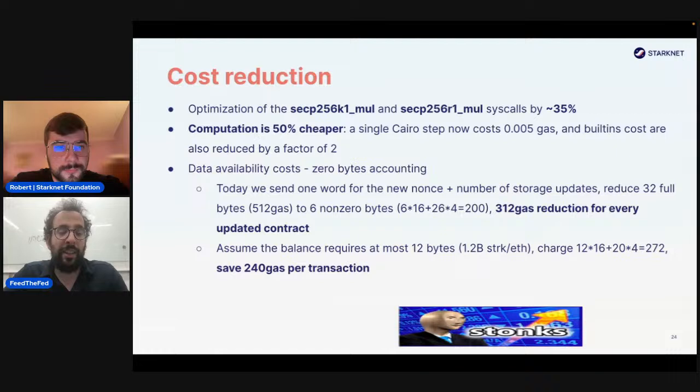And since, unless you're very, very rich, your balance does not exceed 12 non-zero bytes, we said, okay, the balance is at most 12 non-zero bytes, which means we can reduce 240 gas. So around 300 gas for every contract that you're updating will be saved, and 240 gas for every transaction will be saved.